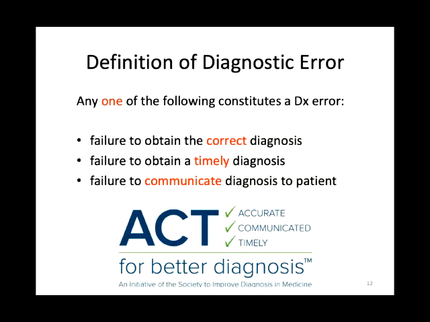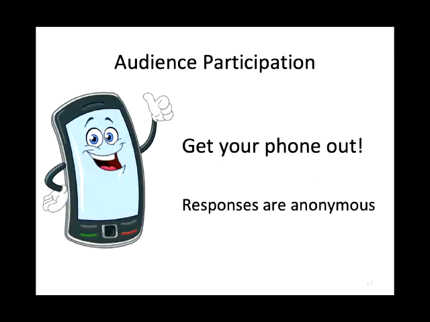And so the ACT for better diagnosis, the word ACT is an acronym for accurate, communicated, and timely. And the position of the SIDM now is that if you fail on any one of those three definitions, you have committed a misdiagnosis. So an accurate diagnosis requires that it's timely and also communicated to the patient.